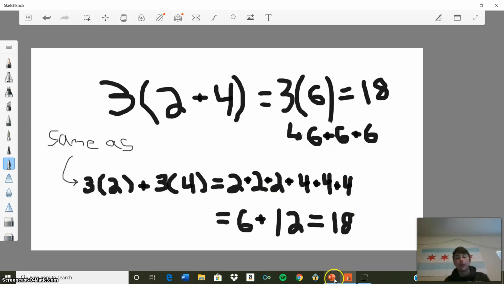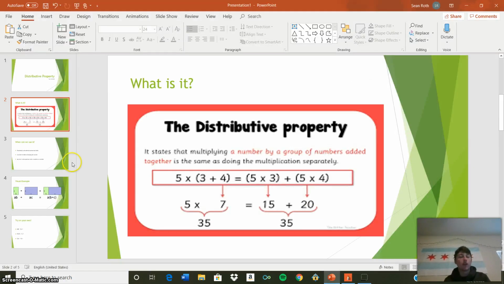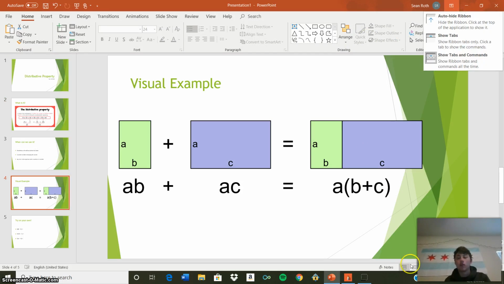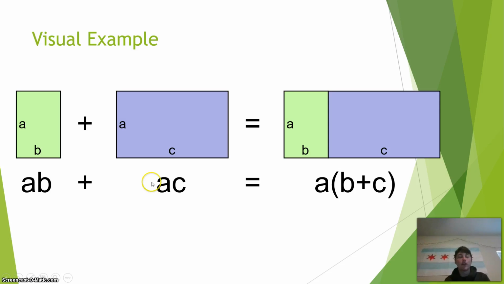So let's look at it a different way. We can look at it in the view of area. If we look at it this way, we have this block, and it has length A, which is just a variable, so just a random number we don't know, and we have a base B, and that's also just a random length.